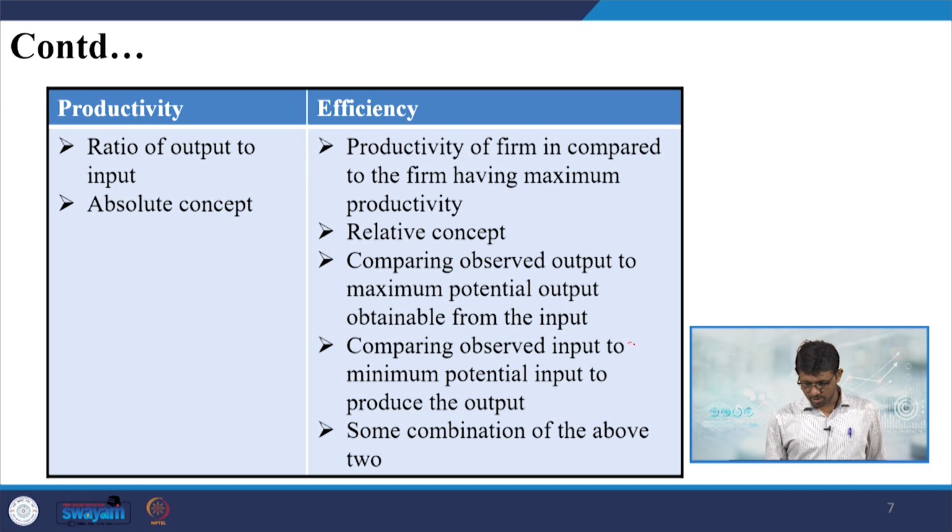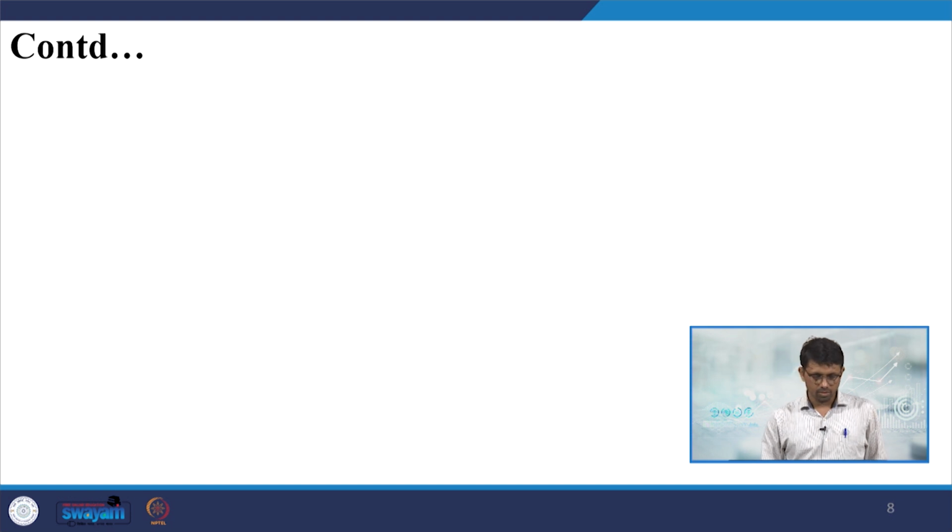Here we can also compare the minimum observed input to the minimum potential input, and in the case of output we compare the maximum output to the individual observed output. In some cases, a combination of these two can also be considered to identify the efficiency score.